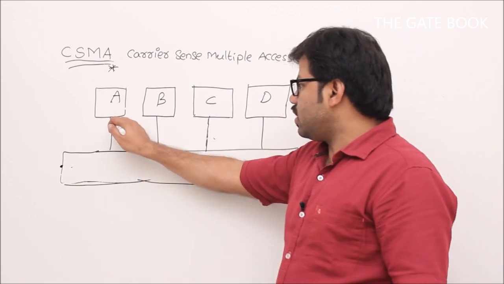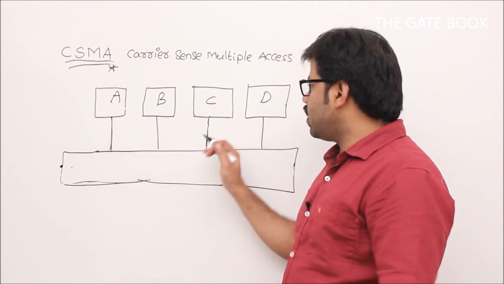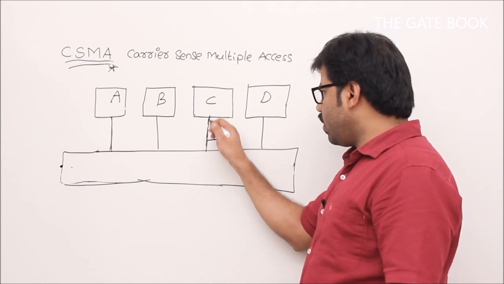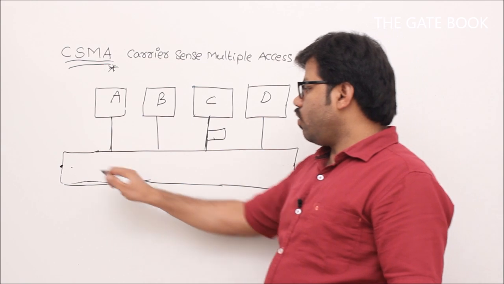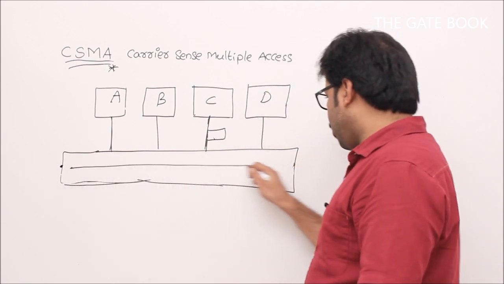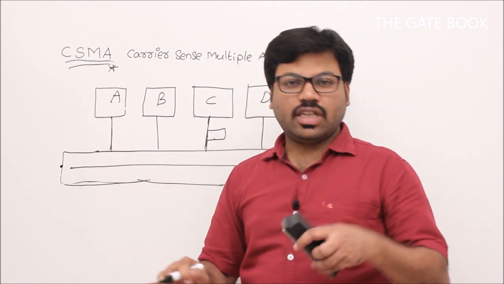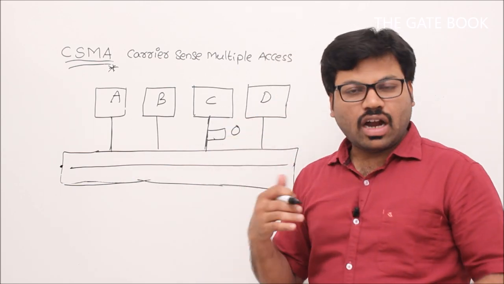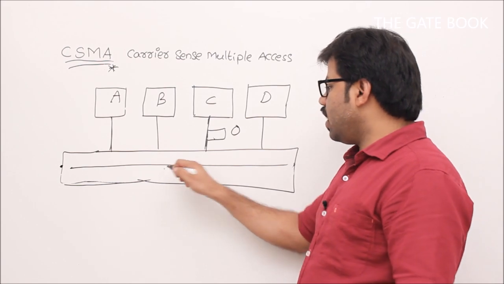Now every station, whenever they have data, will sense the channel. There will be hardware for that, and using that, it will sense the channel. Generally, when there is a line, let's say this is a copper cable, if it is empty, that means there is no signal on it, then the energy level will be 0. Somehow that hardware can understand the energy level in the cable.